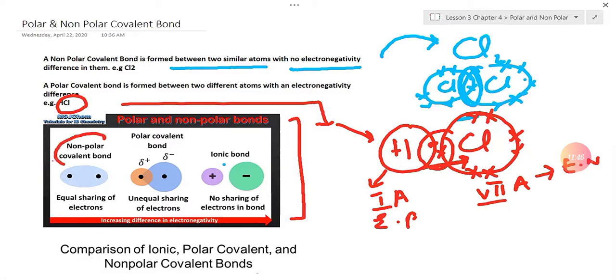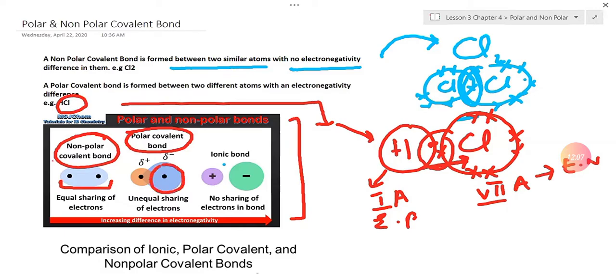Let's understand this with the help of this illustration. In a non-polar covalent bond, there is equal sharing of electrons, whereas in a polar covalent bond there is unequal sharing of electrons and there is formation of partial positive and partial negative charges.